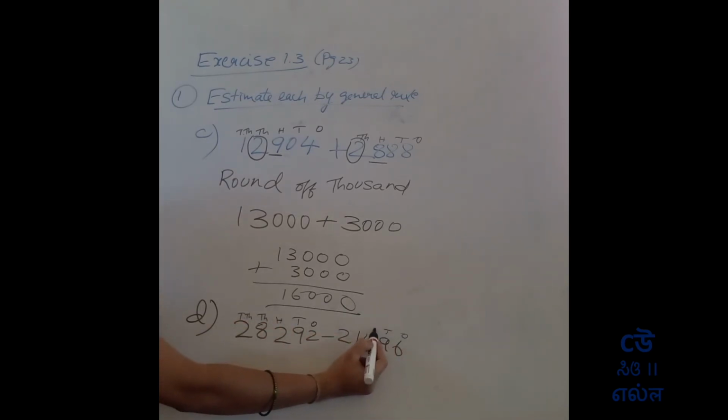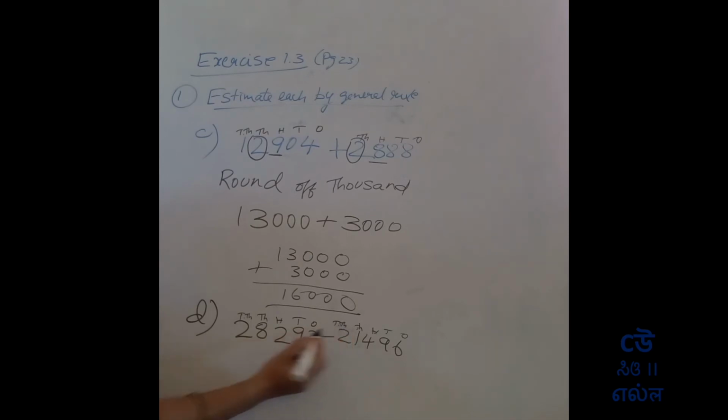Here also ones, tens, hundreds, thousands and 10,000. So here also we have 10,000, and here also we have 10,000. So we will circle this and round off to 10,000.